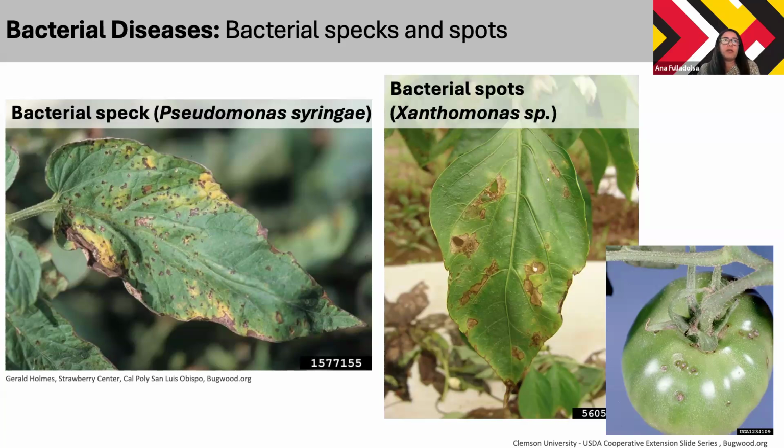Leaf wetness is going to be key in managing these diseases because bacteria do like, again, hot and humid.